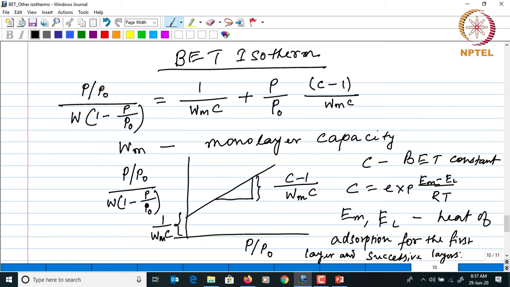And R is the gas constant and T is the absolute temperature.